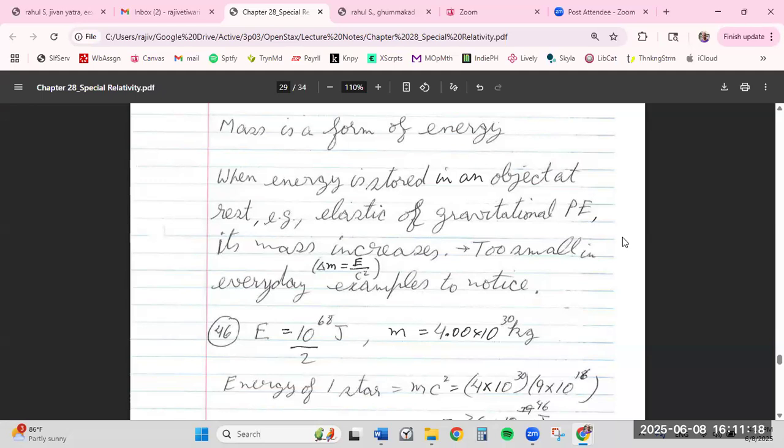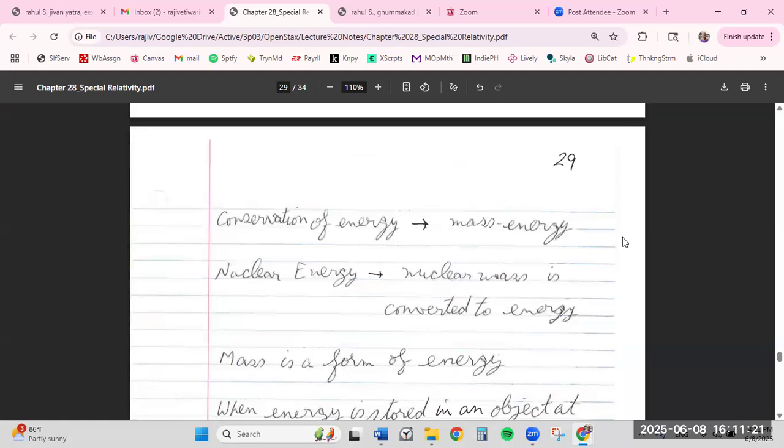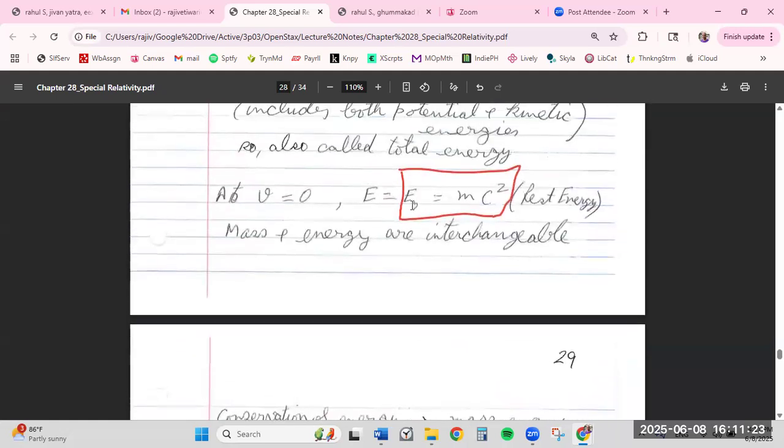And by how much does this mass increase? That's in accordance with this equation. If it has a potential energy of E naught, then the increase in mass is given by this equation. Now, the fact that the speed of light is so huge means the mass equivalent to elastic potential energy or gravitational potential energy will be very small, because m is E naught over c squared, and c squared is huge.